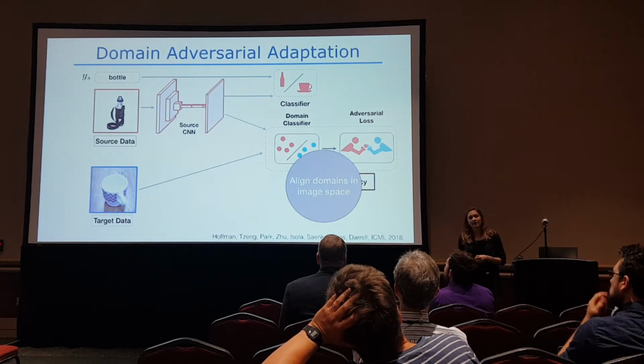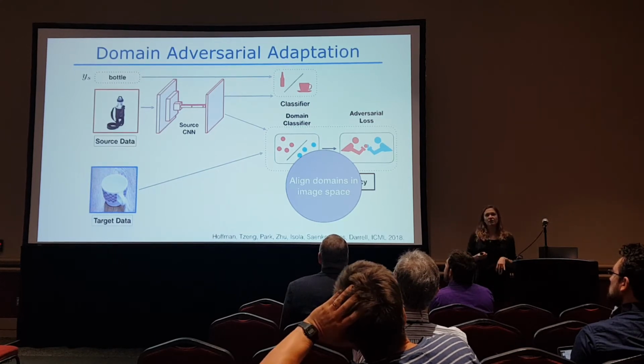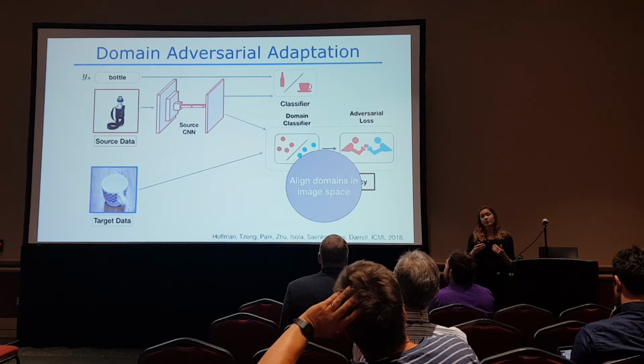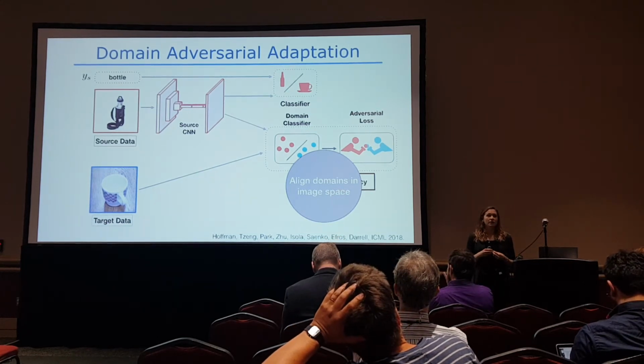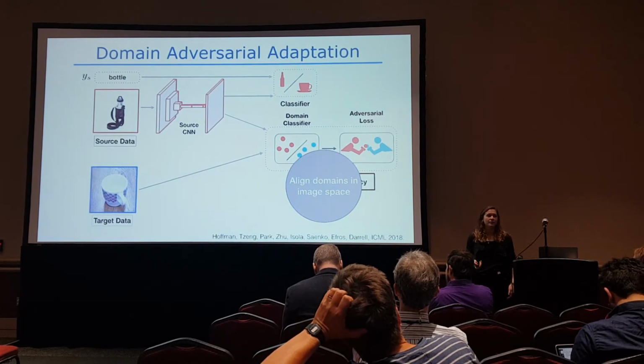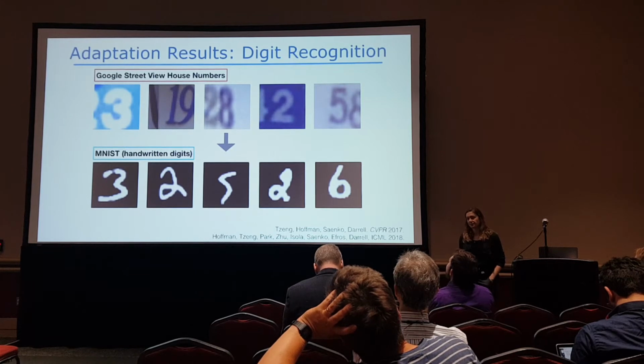And if you do that, it starts to sound a lot like generative adversarial nets, or at least conditional GANs. So to understand some of the differences between image-level domain adaptation and what people might do in unsupervised feature learning with GANs, we're going to look at a small example for digit recognition.